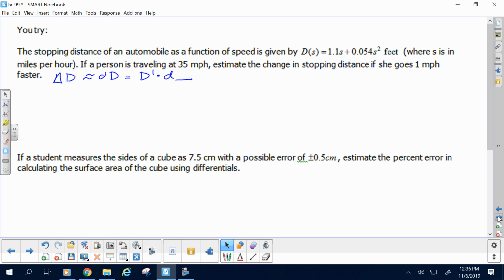I imagine you can use your calculator pretty well.